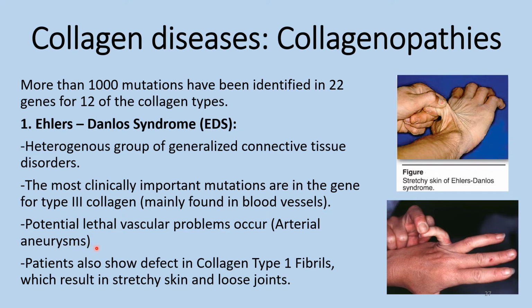These aneurysms do not cause any clinical problem, but when they rupture because of the weakness, they could be lethal, with lethal bleeding if not timely operated. If the patients show a defect in collagen type 1 fibrils, there is stretchy skin and loose or flexible joints, which can be seen in Ehlers-Danlos syndrome.